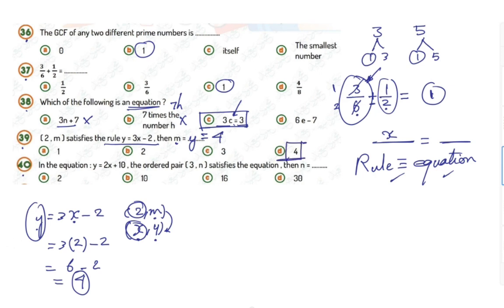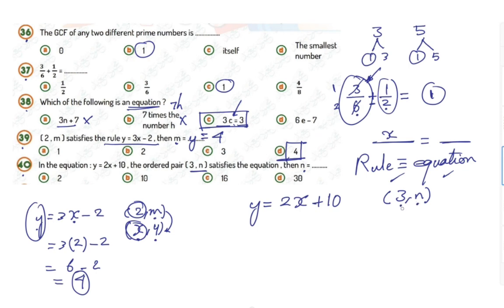Last point, in the equation y equals 2x plus 10, the ordered pair 3 and n satisfies the equation. So write the equation: y equals 2x plus 10. The ordered pair is 3 and n, so x and y.